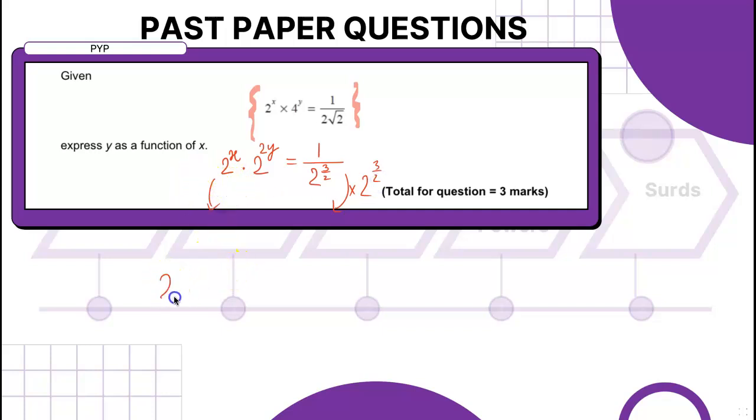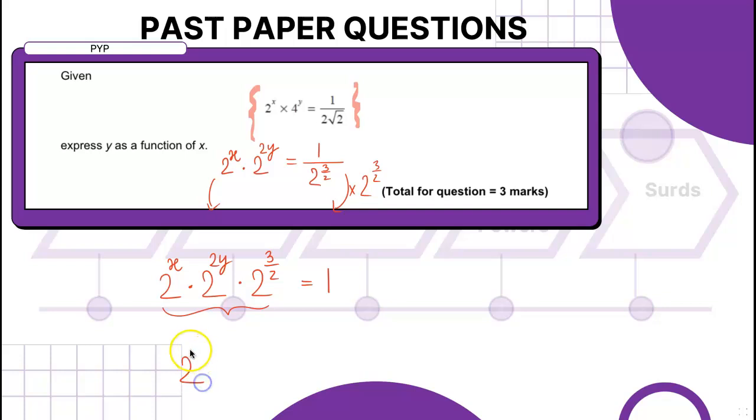So it would be 2 to the power of x times 2 to the power of 2y times 2 to the power of 3 halves, that is equal to 1. Here it's fine if you have 3 terms, 4 terms, 5 terms, but they all have the same base, so product law.